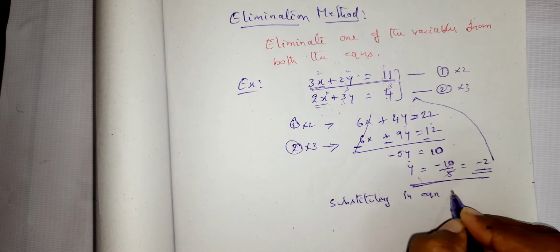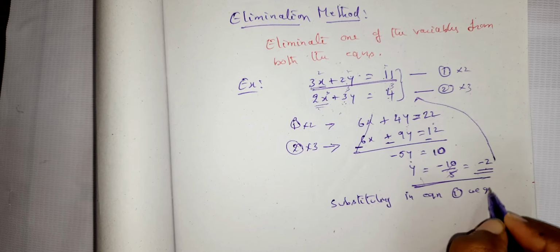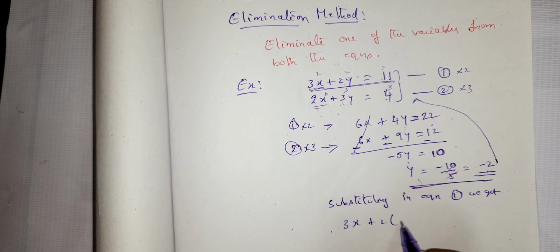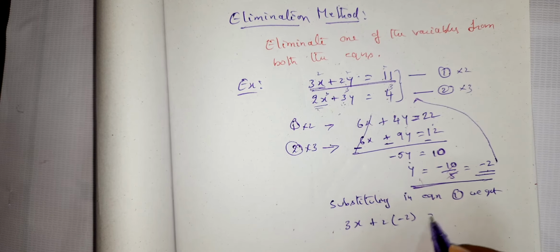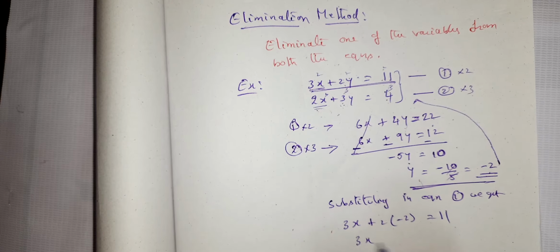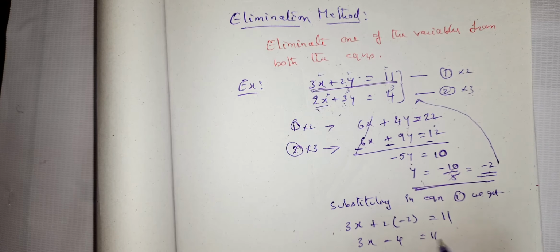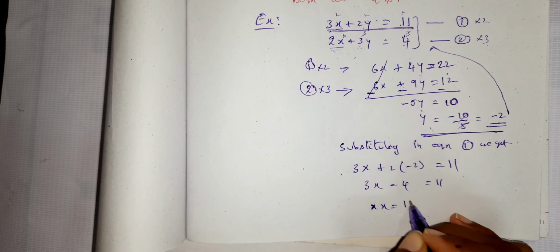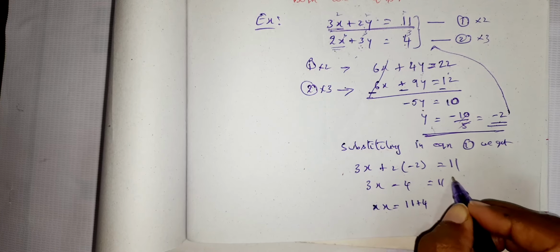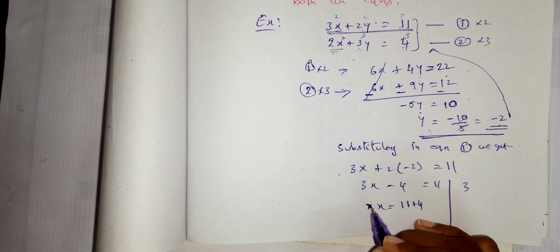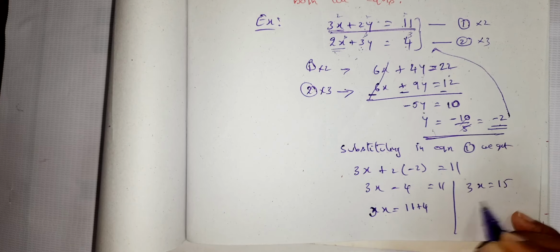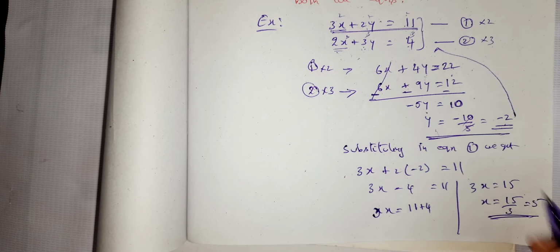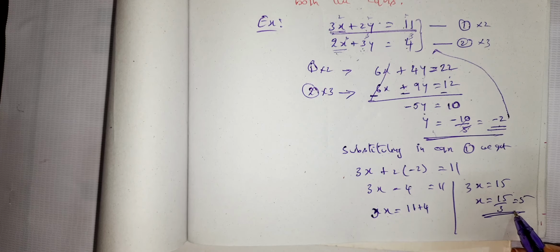In equation 1 we get 3x plus 2, in place of y it is -2, is equal to 11, or 3x minus 4 is equal to 11, or 3x is equal to 11 plus 4 which is equal to 15, 3x is equal to 15, or x is equal to 15 by 3 which is 5. So we got y to be -2, x is equal to 5.